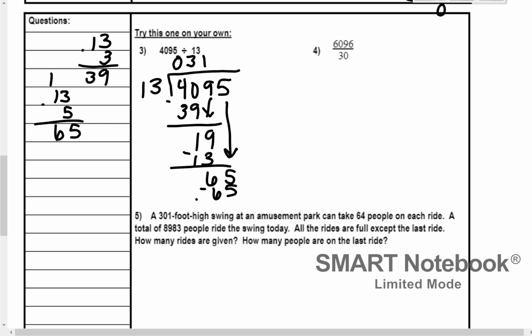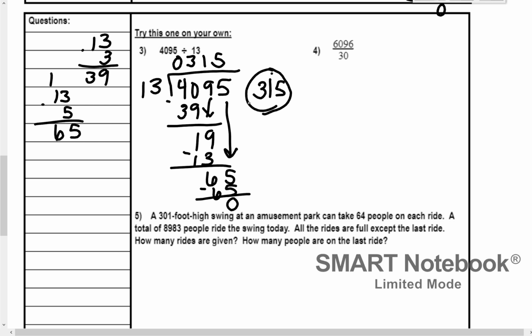I get 65 exactly. I have a 0 remainder and no numbers left. So my answer for number 3. Oops, I forgot to write my 5. I got so carried away that 13 times 5 is 65, so my answer should be 315.